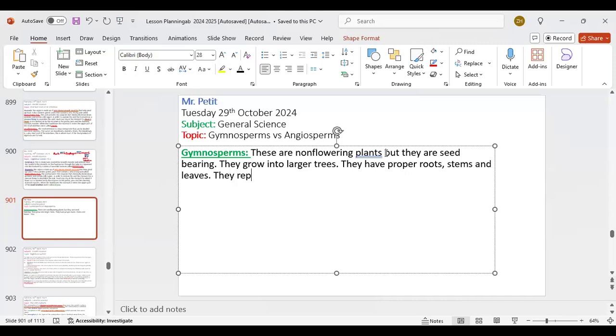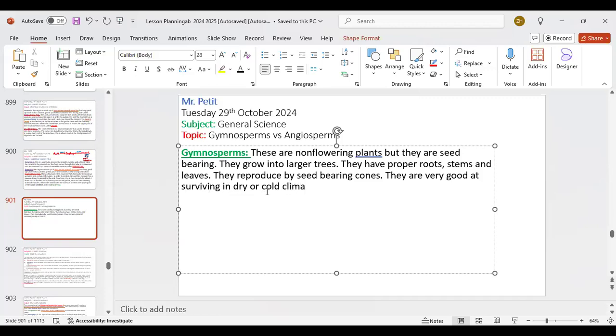They reproduce by seed-bearing cones, and they are very good at surviving in dry or cold what? Climates. Climates, very good. Environment.